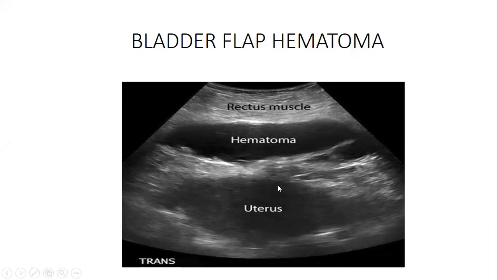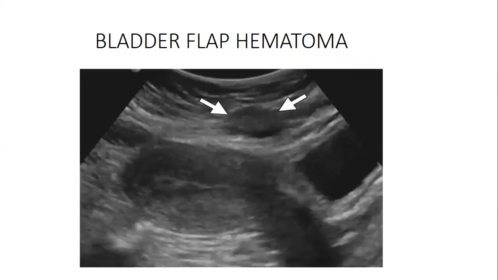Always scan your images in two orthogonal planes so that you can appreciate the site and location of the lesion you are dealing with. Sometimes lesions may be very small, but they may present like that.